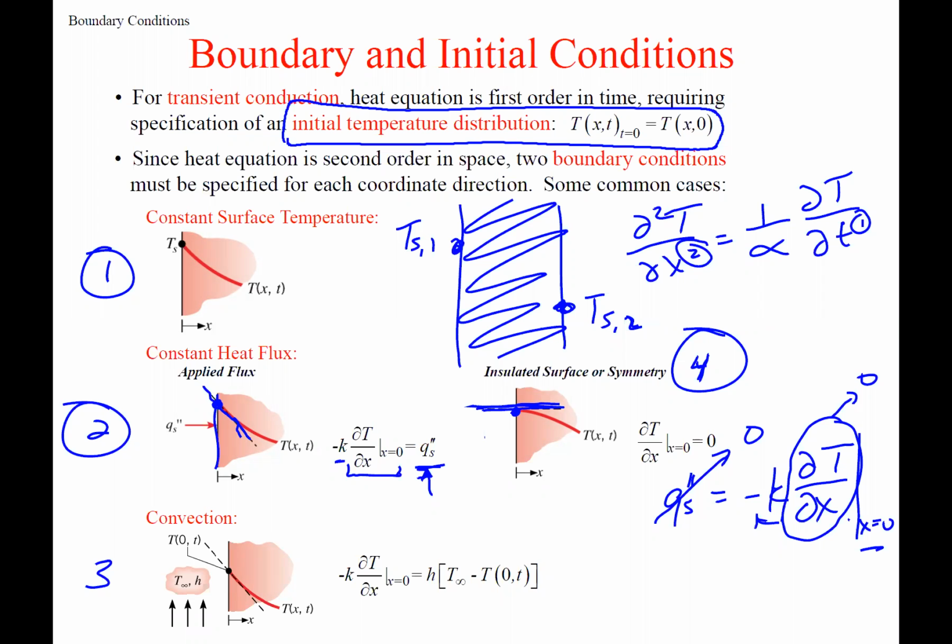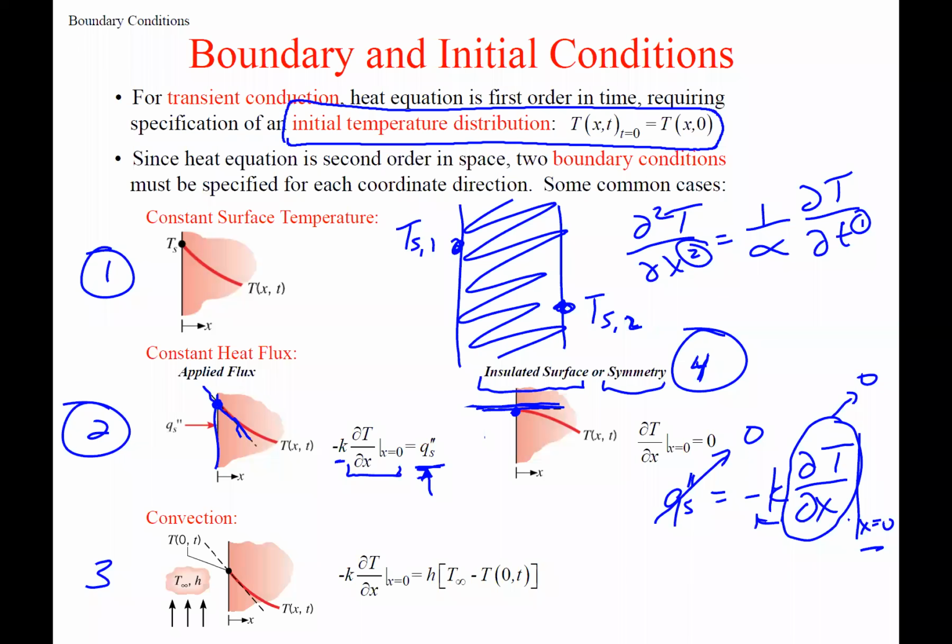The other one that gets tricky is symmetry. So, insulated surface or symmetry. Symmetry is the same as an insulated surface, and that one will require more work when we do a problem with it.